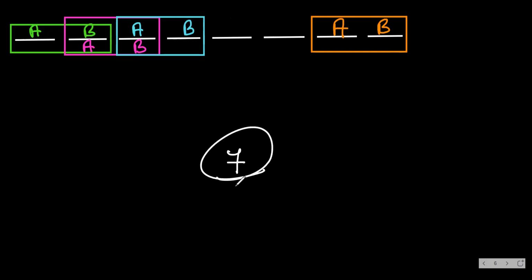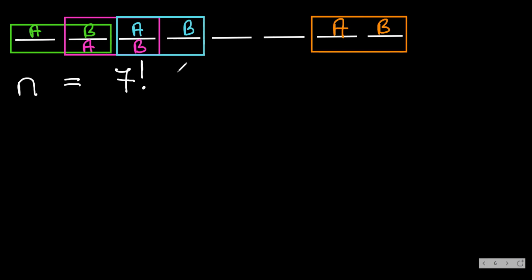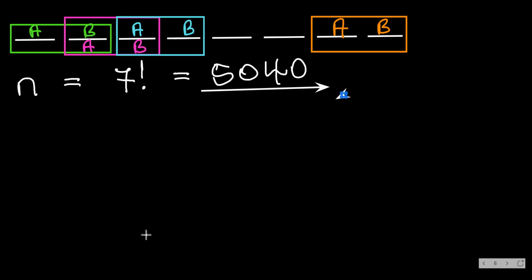And now we have 7 people that we need to arrange. So the number of arrangements that are possible here will be 7 factorial arrangements. And this will give you 5040 arrangements that are possible. Yes, they're forming one group, but this group can only be arranged in one way. And the group now counts as a single person. So the 7 people can be arranged in 7 factorial ways.